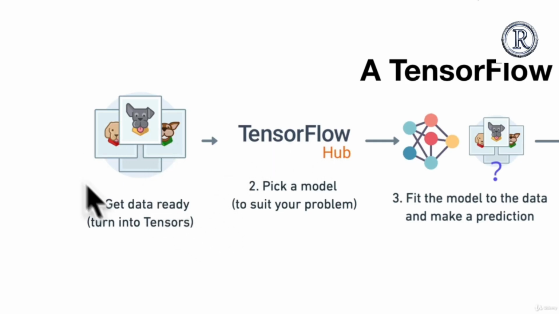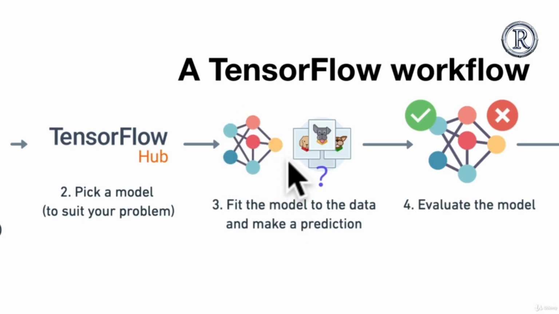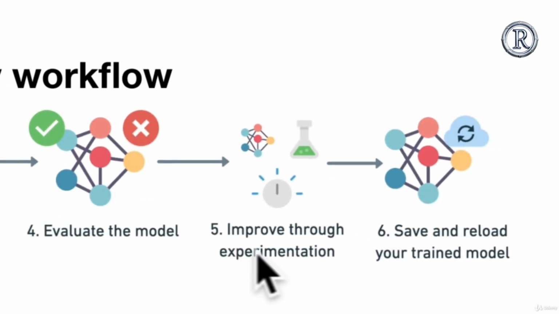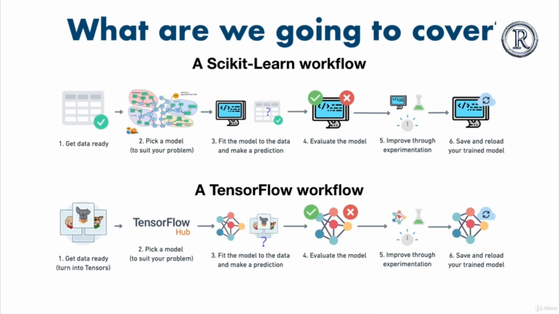Once our data's in tensors, we pick a model to suit our problem. We're going to use TensorFlow Hub for this. Then we'll fit the model to the data, so get the model to find patterns in the data for us. We'll learn how to make a prediction once our model has learned some patterns in our data. Then we'll evaluate our model to see if these predictions are any good or not. We'll see how to improve through experimentation. And then we'll save and reload our trained model.